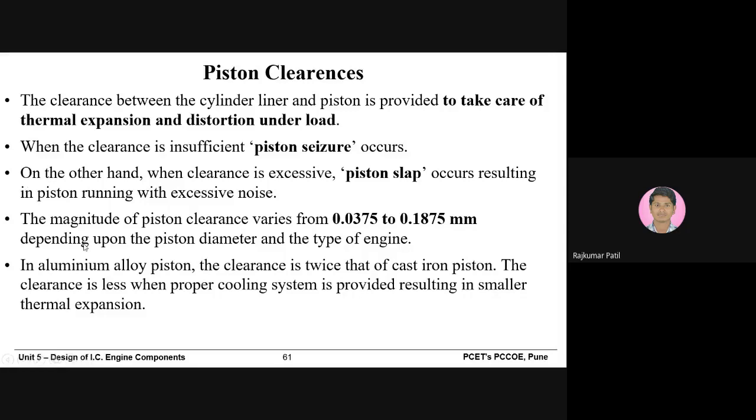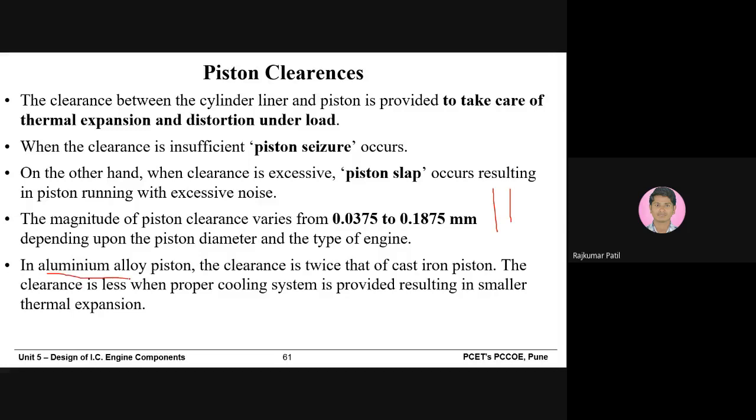That's why the optimum piston clearance is maintained, and it varies between 0.375 to 0.1875 mm. Piston clearance means the clearance between the piston and the cylinder wall.